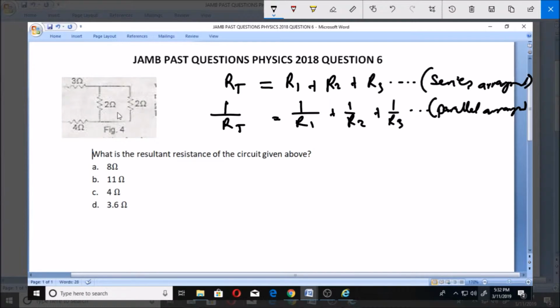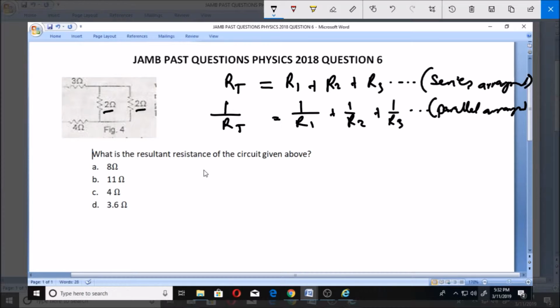Like these 2 ohm and 2 ohm, they are in parallel, but the 3 ohm and the combination of these 2 are in series. So we're going to find a way of doing this. We can do the 2 ohms that are in parallel first. We can add them up together so that we will now have a direct something.